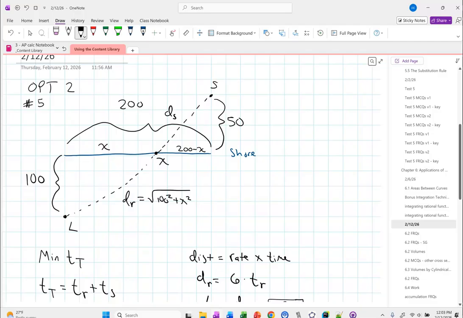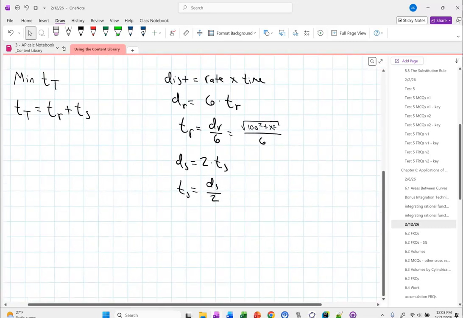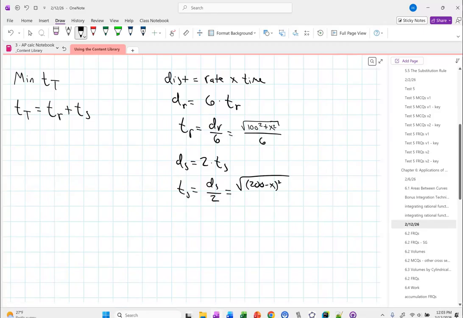So square root of (200 minus x) squared plus 50 squared. Everybody feel okay there?